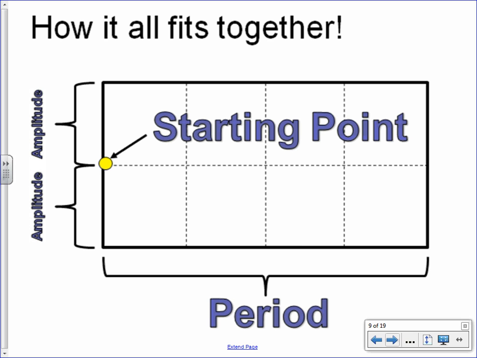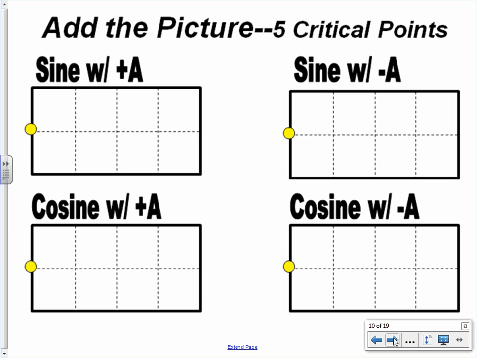Our frames, excuse me. Dotted lines? Your paper should look like mine, right?